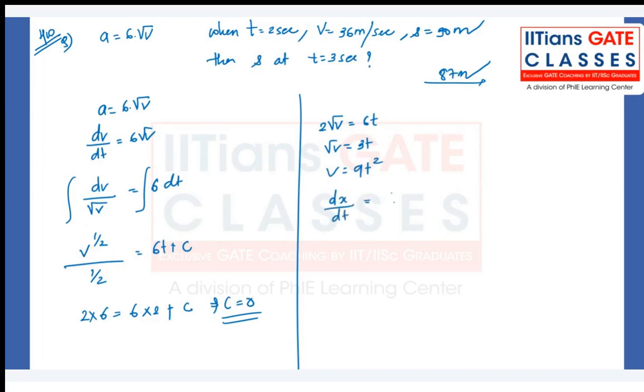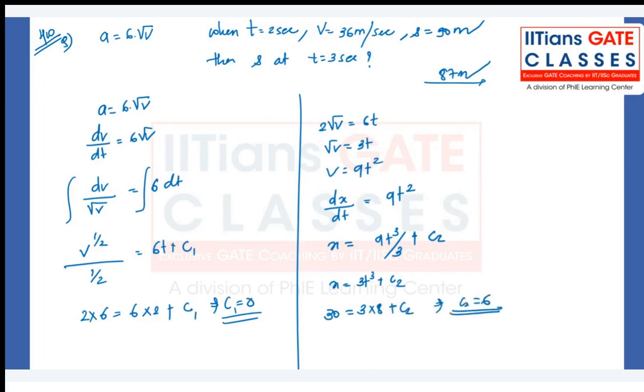So x is equal to 9t^3 by 3 plus c2, so x is equal to 3t^3 plus c2. At t equal to 2, x is equal to 30. So 30 is equal to 3 into 8 plus c2. This implies c2 is equal to 6.